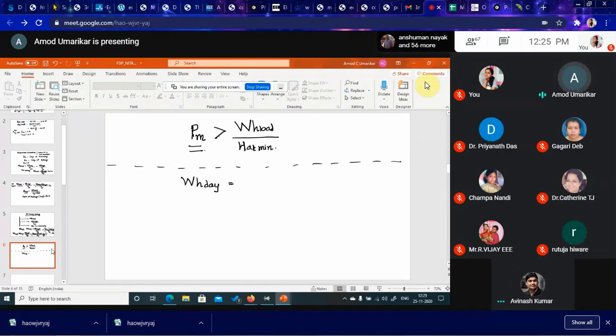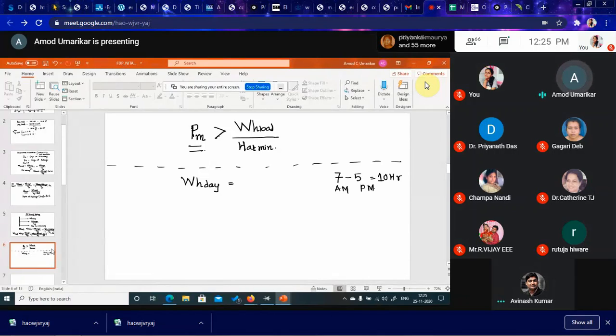Let's say 7 sunrise and 5 sunset. Of course it varies from place to place and time to time. But let's say 7 a.m. to 5 p.m. So how many hours? 10 hours, correct?